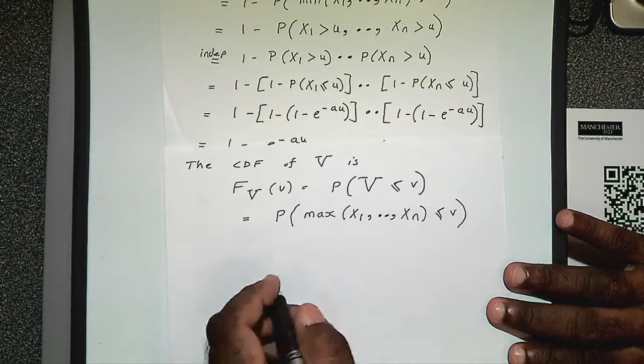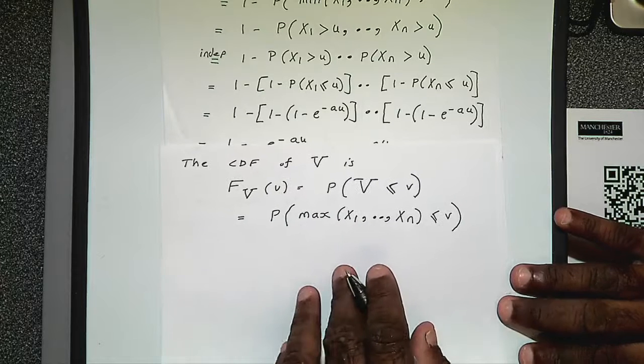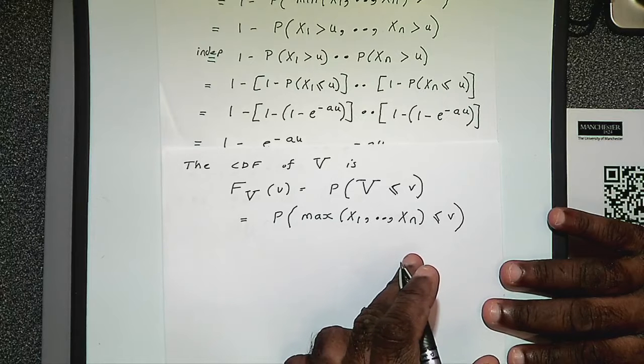Now, if the maximum is less than or equal to V, then every one of the random variables has to be less than or equal to V, right?